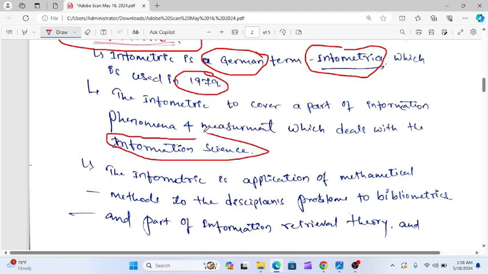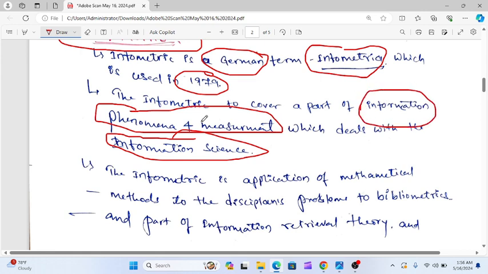It measures the information and the phenomena of information science.